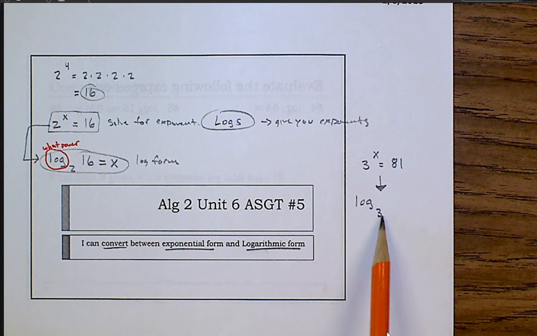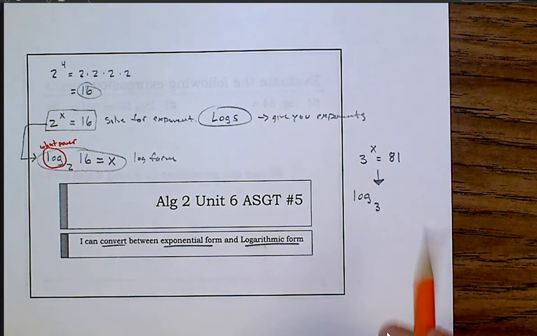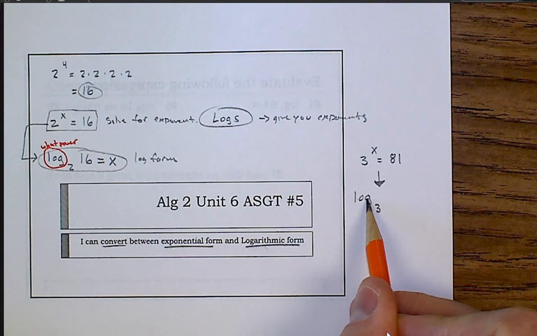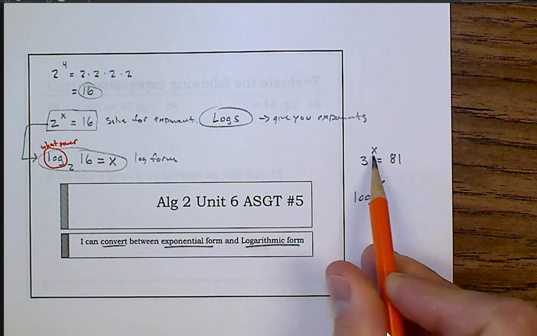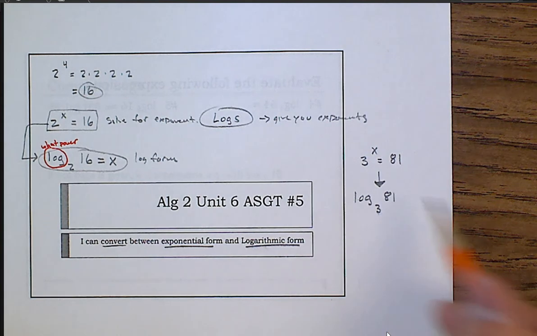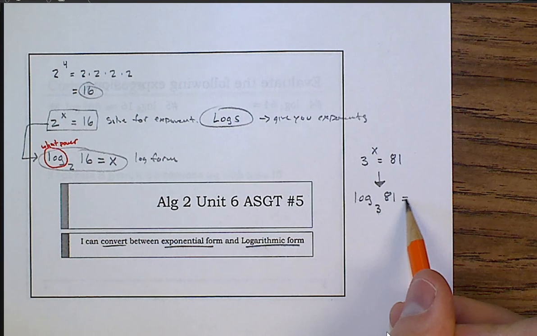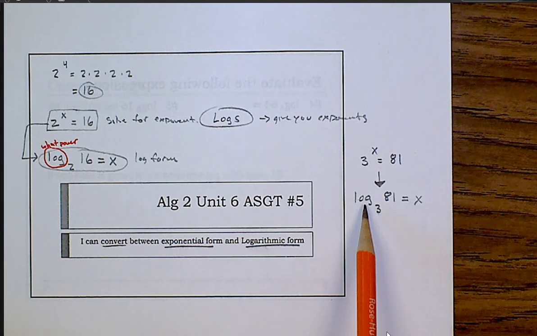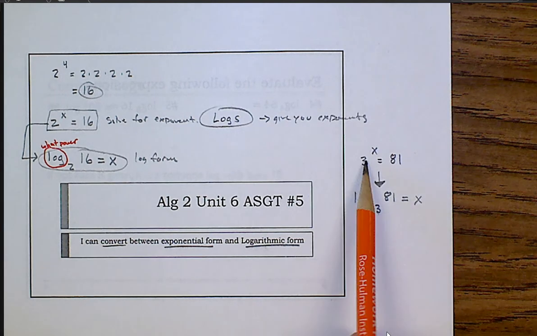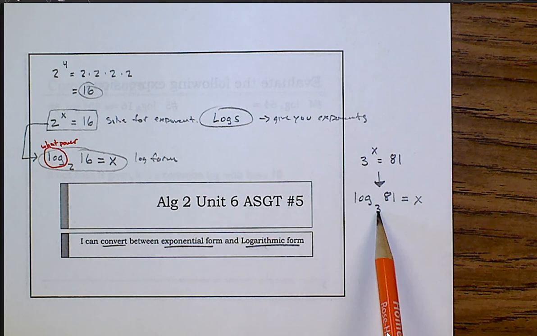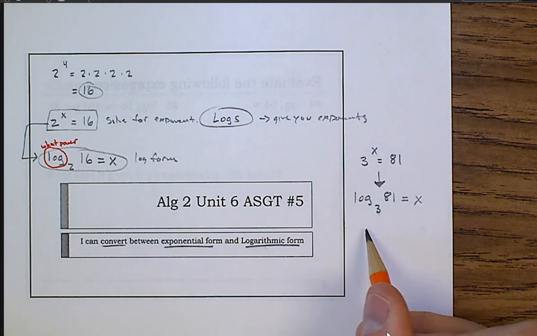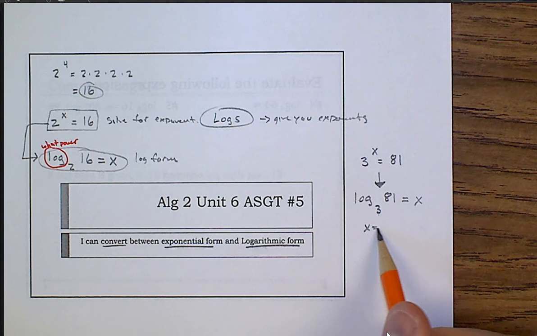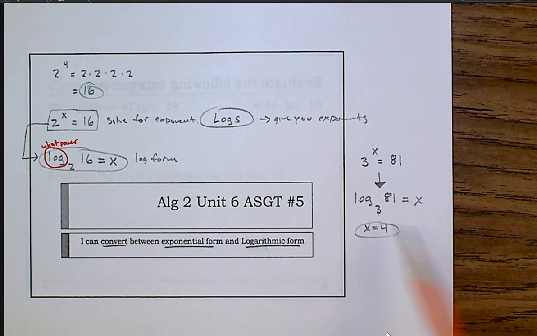We call it log base 3. So what power on 3 gives you 81? And we just put it equal to x there. So this is how you would write it: log base 3 of 81 equals x. We already know that x is going to be 4 because 3 to the 4th power equals 81.